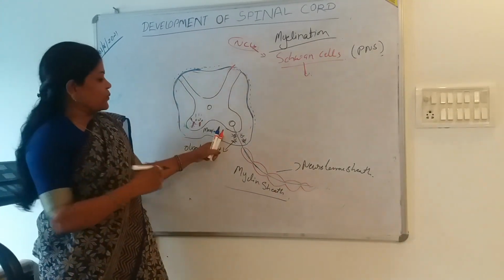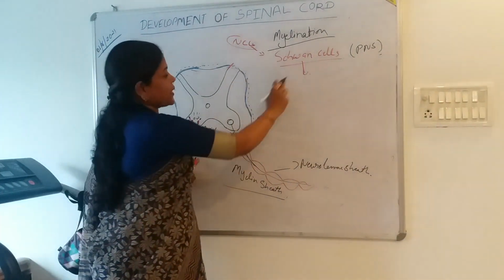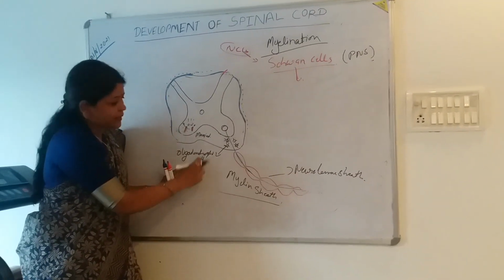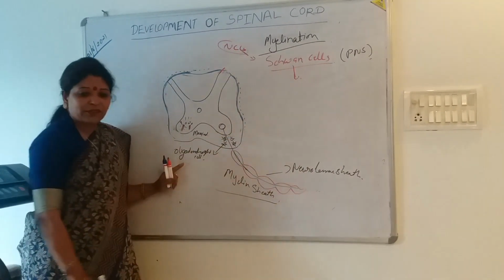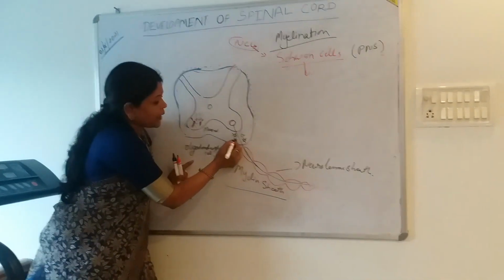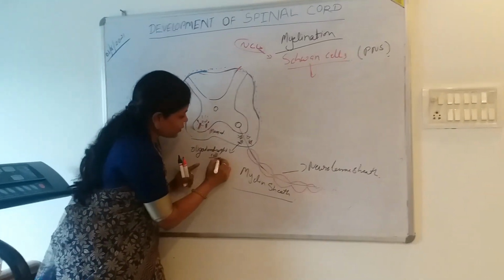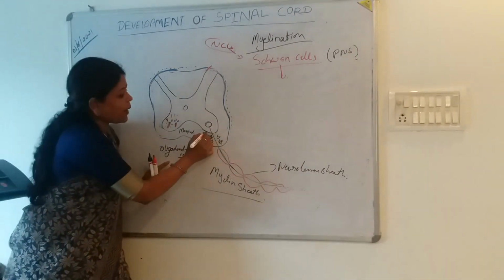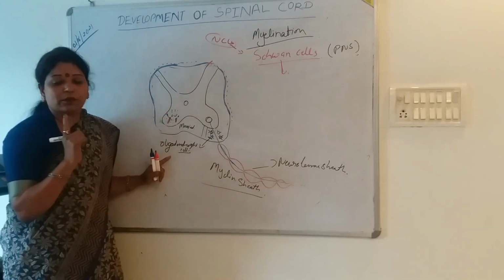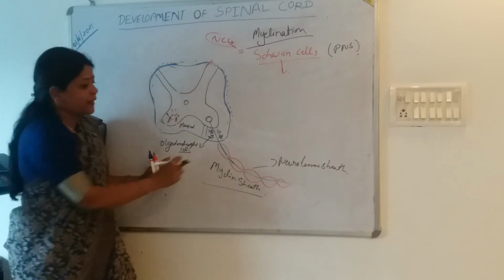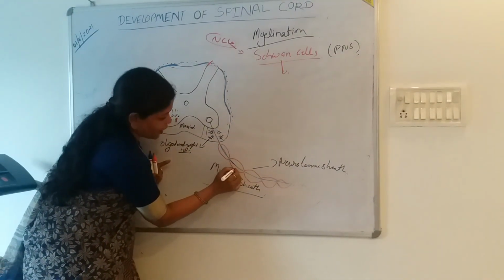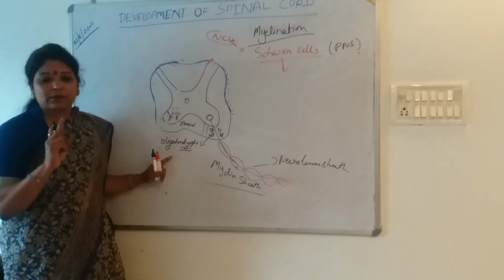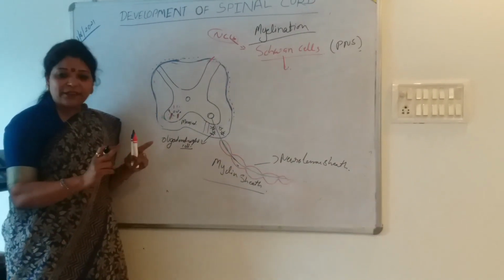The difference between the oligodendroglial cells and the Schwann cells: these oligodendroglial cells also myelinate the part of the axon, but at a time one oligodendroglial cell can myelinate more than one axon. But one Schwann cell will myelinate only a single axon. This is the basic difference.